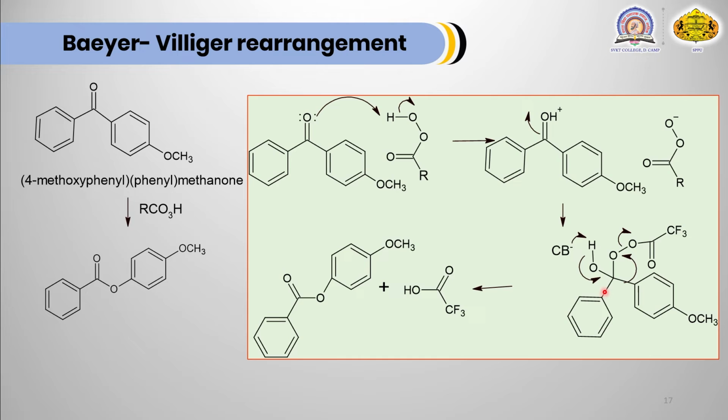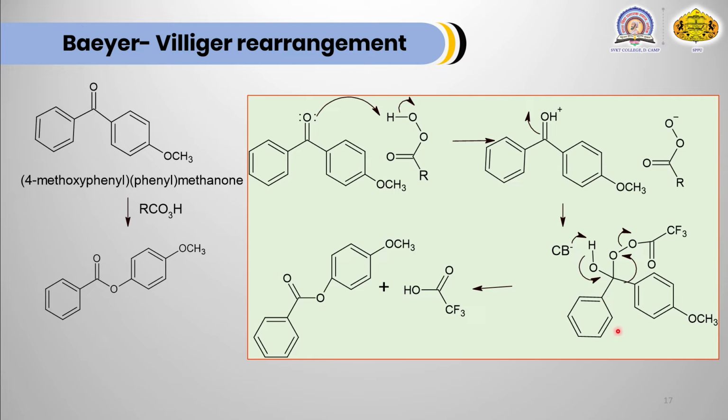In this case, out of these two groups, the phenyl ring containing the methoxy group is migrated. We have earlier seen that the group or ring containing an electron donating substituent is going to migrate. This is the case here.